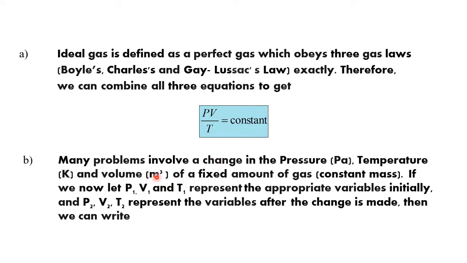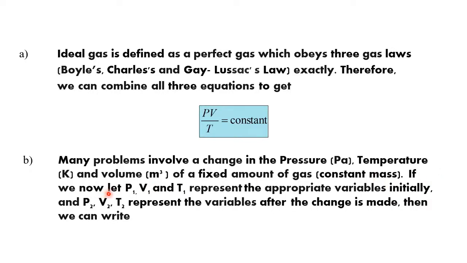So many problems involve a change in the pressure in unit Pascal, temperature in unit Kelvin, and volume in unit meter cube of a fixed amount of gas, okay, which is constant mass.